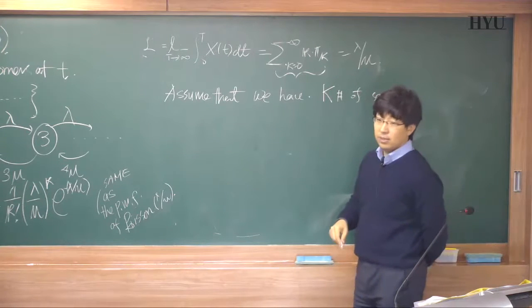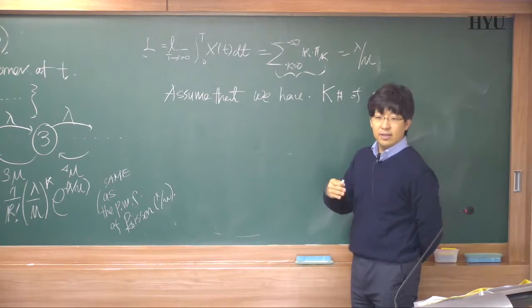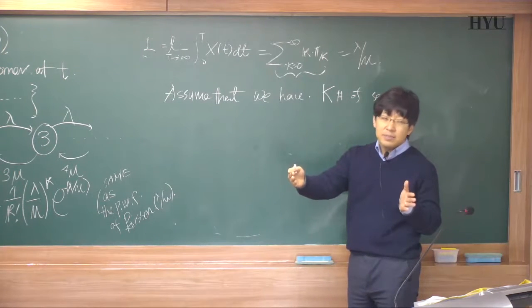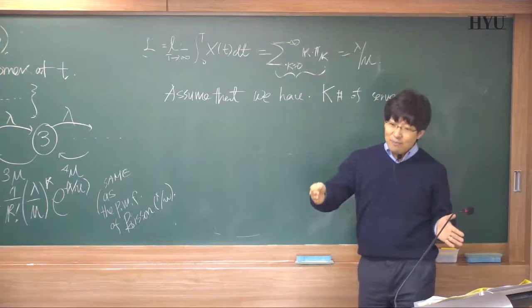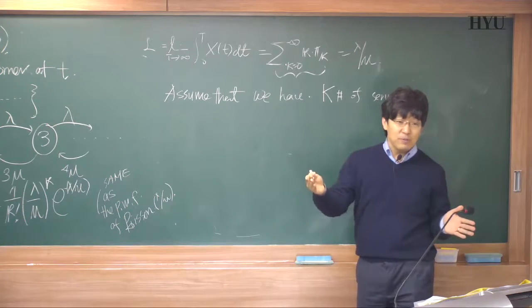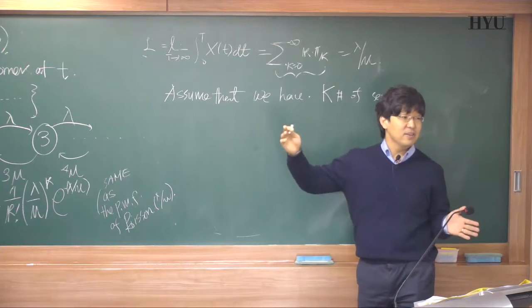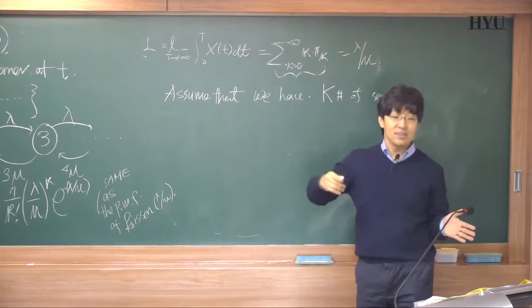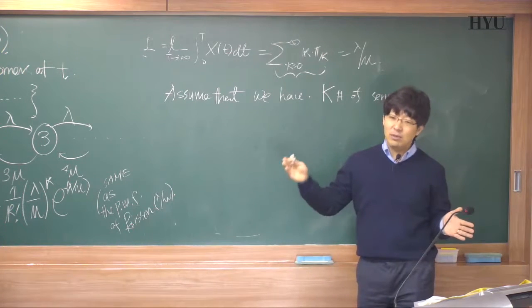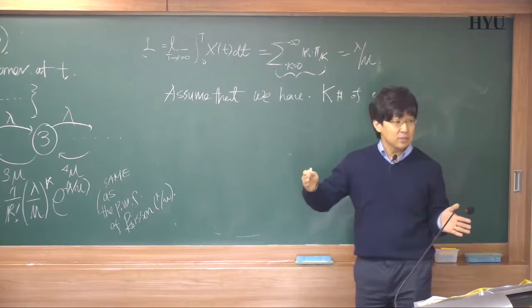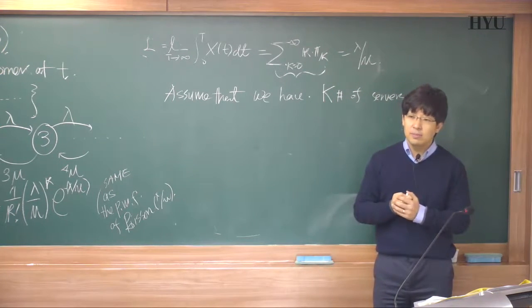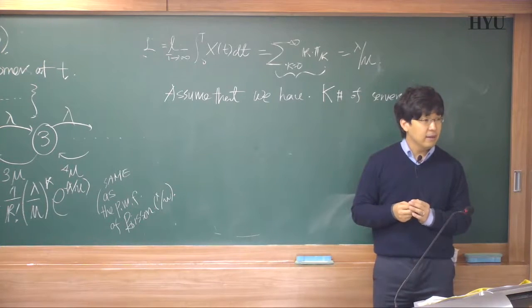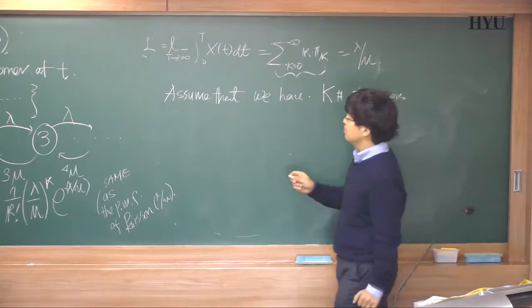Then all K servers are working. Before someone leaves, another one enters the system. Then what happens? He or she cannot get service and just leaves the system right away, right? We need to calculate this probability.